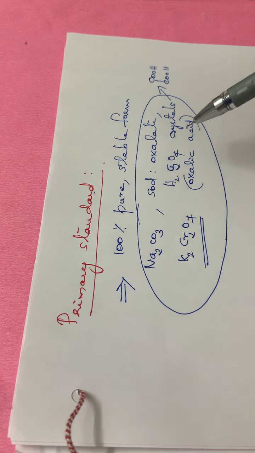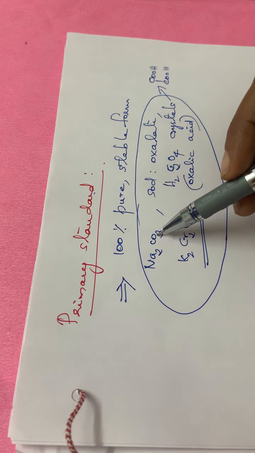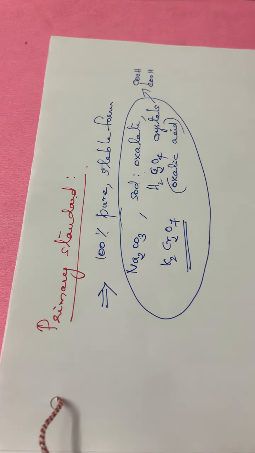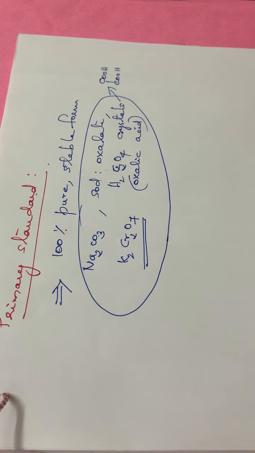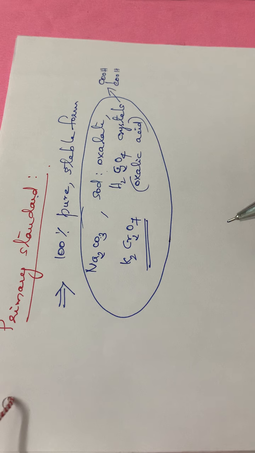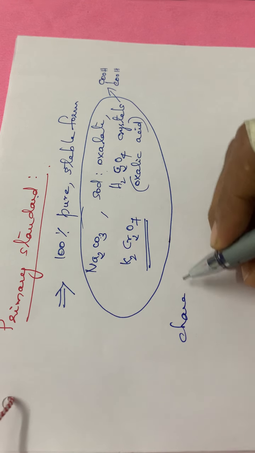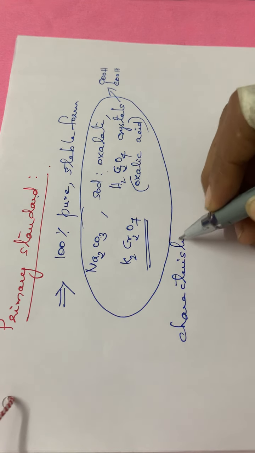Examples of primary standards are sodium carbonate, sodium oxalate, oxalic acid crystals, potassium dichromate, etc. Only if they satisfy these essential requirements can they be used as a primary standard. Otherwise it cannot be used as a primary standard.